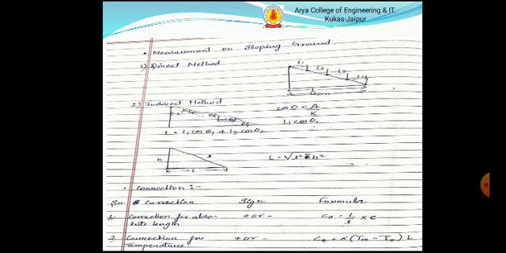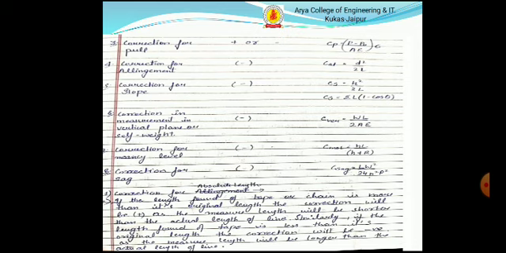Corrections are of many types. Some of these are the following. Correction for absolute length, sign negative or positive, formula: capital L divided by small l into C. Correction for temperature, sign positive or negative: Ct = alpha (Tm minus T naught) into L. Correction for pull, negative or positive: Cp = (P minus P naught) divided by AE into L. Correction for alignment is only negative: d square by 2l.